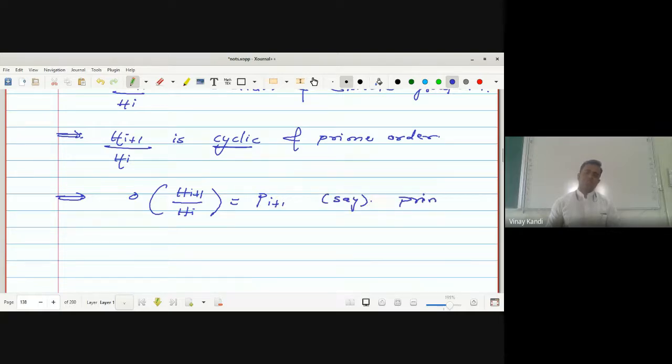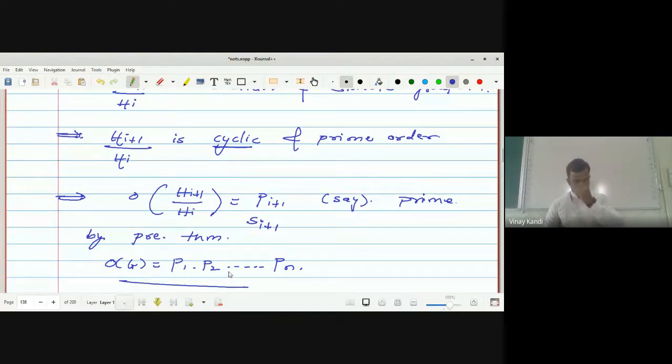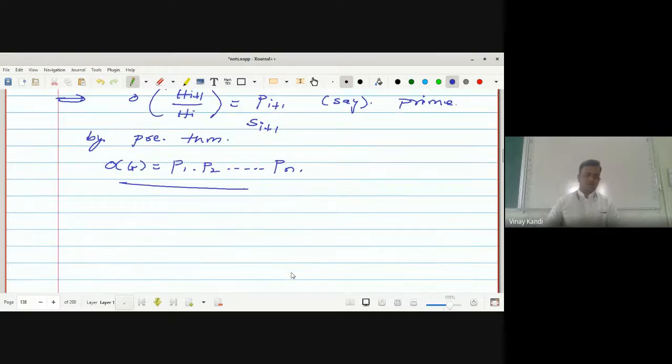By the previous theorem, we get order of G is equal to P1 into P2 up to Pn. There it was Si plus 1; here, in place of S1, it comes P1 P2 up to Pn. Hence order of G is finite.